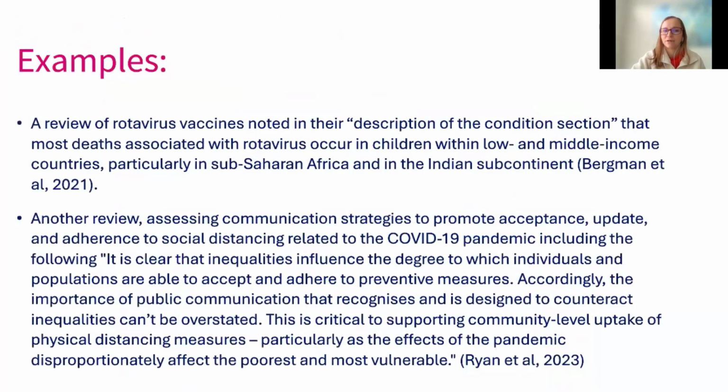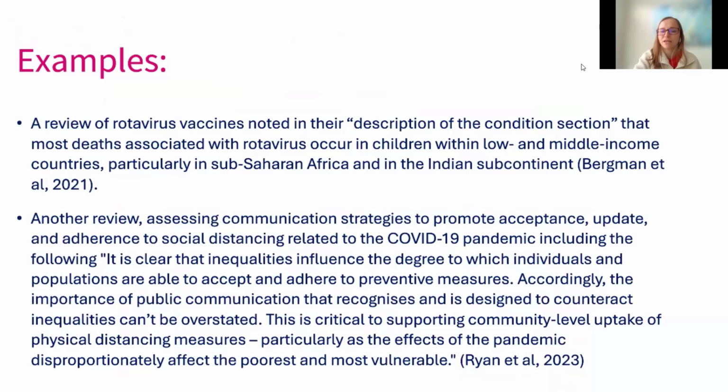So for example, this is an example of thinking about the reporting of the condition and the baseline risk. Here you have the rotavirus vaccine review, which we use all the time because it's a great example of an equity focused review. But in their description of their condition section, they do comment that rotavirus deaths are most often occurring in low and middle income countries.